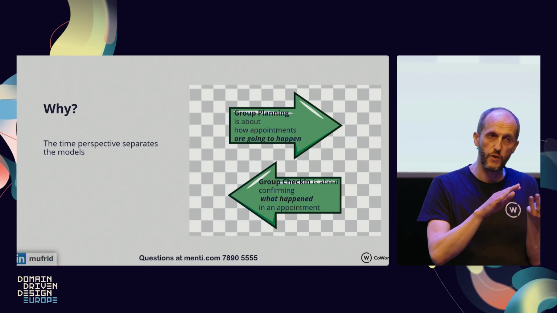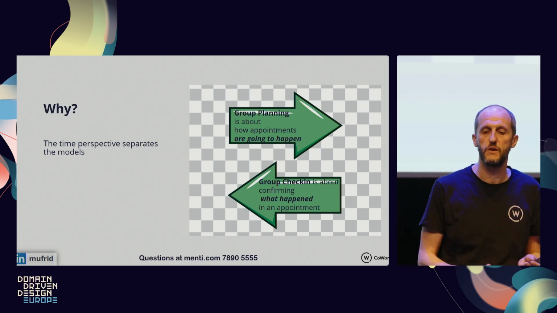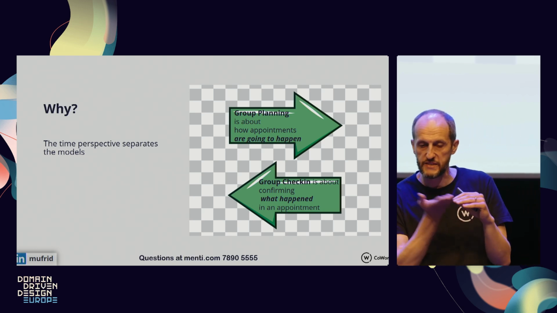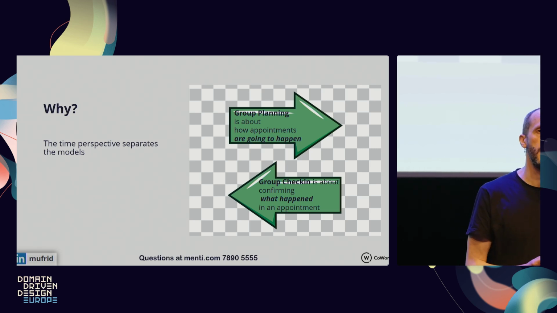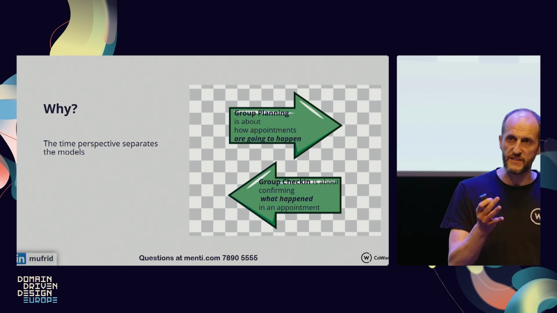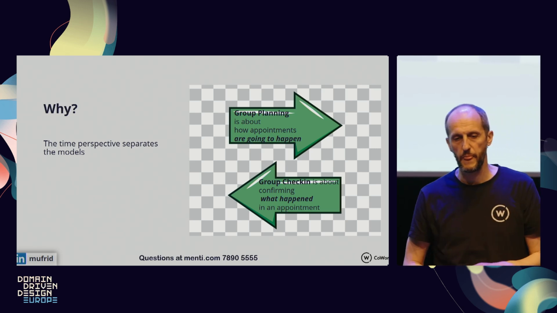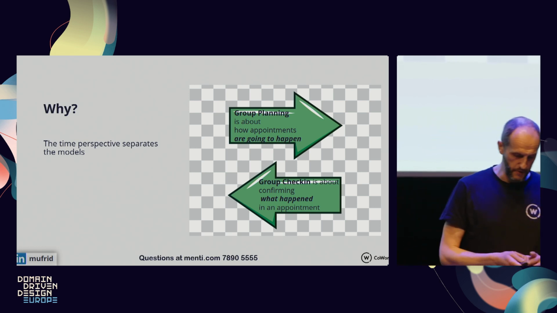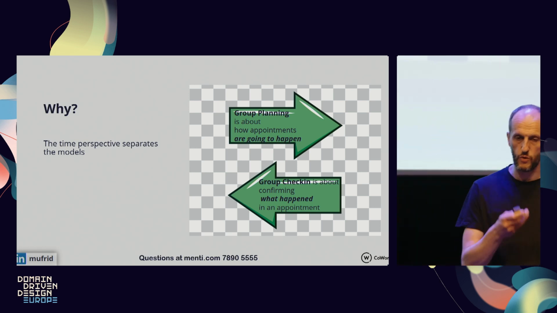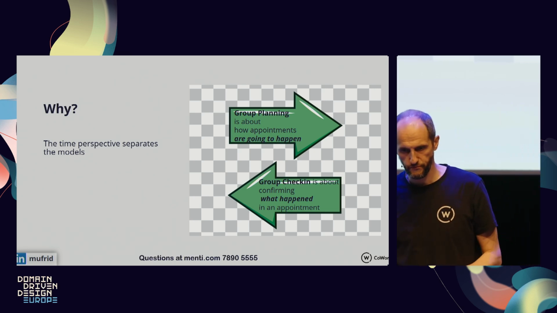So that's another reason we wanted to split it. So just by splitting along those axes, we achieved something that was easier to maintain and easier to model. So the time perspective played a role here, even though it was only role-based decomposition.